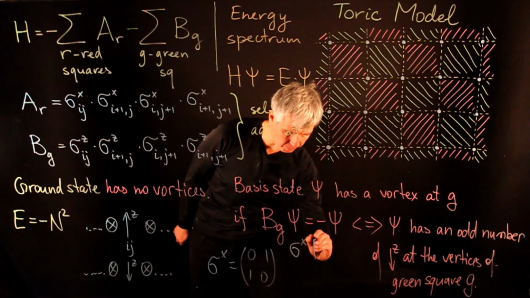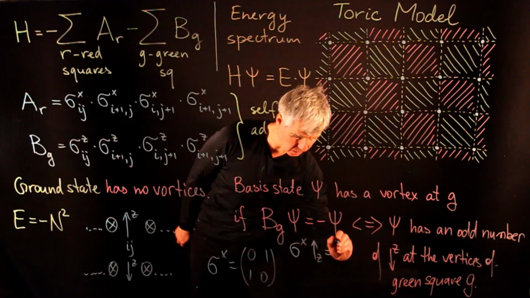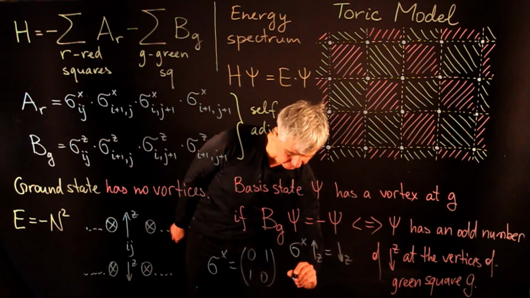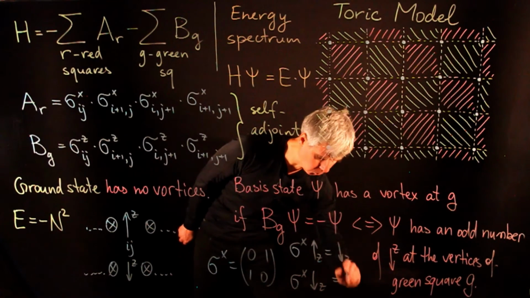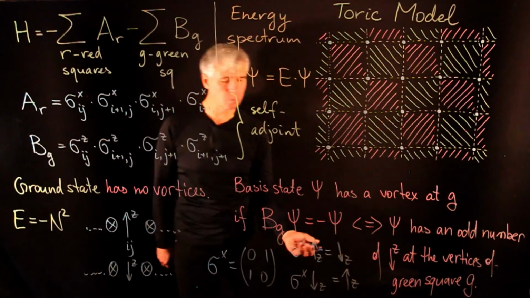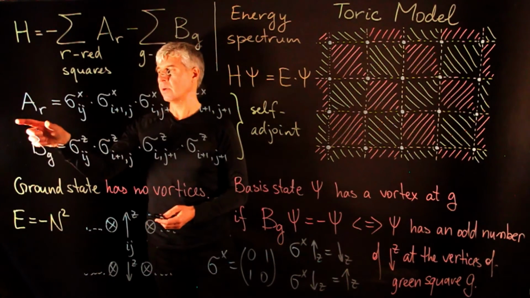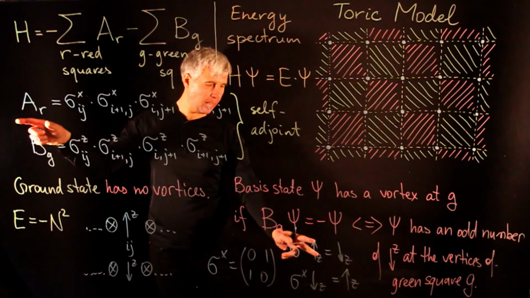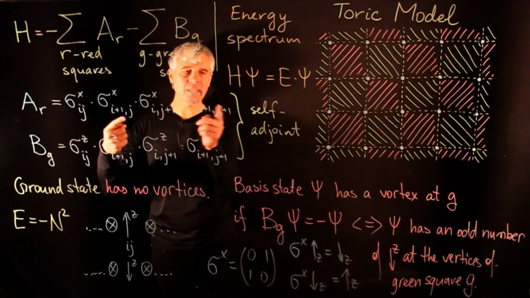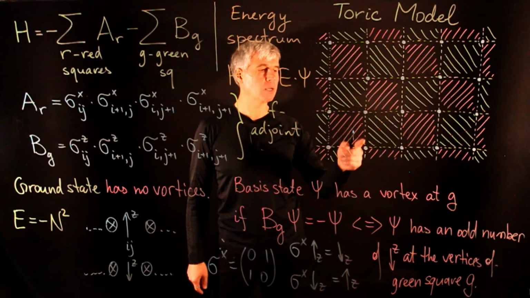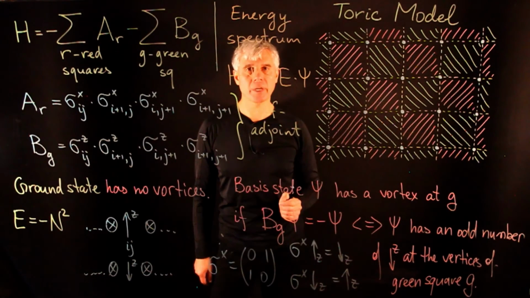So sigma x applied to up z is equal to down z, and sigma x applied to down z is equal to up z. So we see that AR will flip up z and down z tensor factors at these 4 locations that correspond to the boundary of the red square.